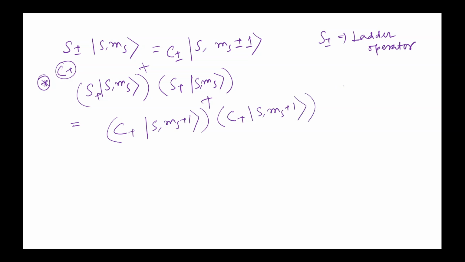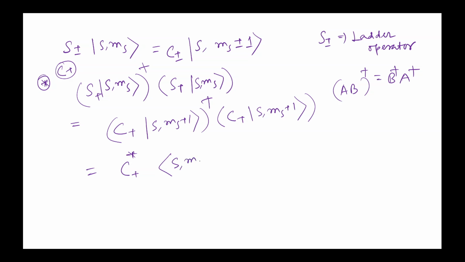Now I think you know that (AB) whole dagger is B dagger A dagger, right? So how will you write it? This C plus is just a constant. Please note this is not a dagger, this is a plus for this sign. So you will get the conjugate of this, and this ket will become a bra function.